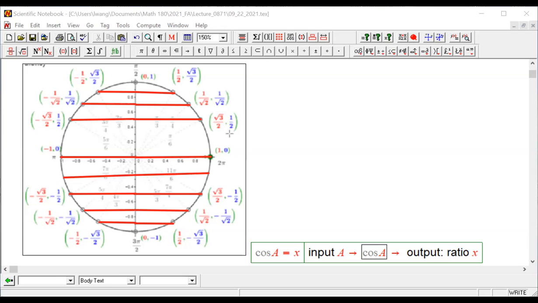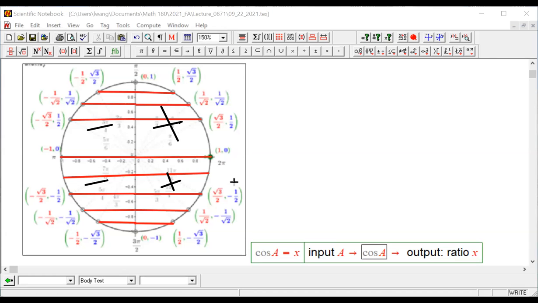On this side, the red bars are positive. And how about these? They're negative. And these are negative, and these are positive. So what does this tell you?